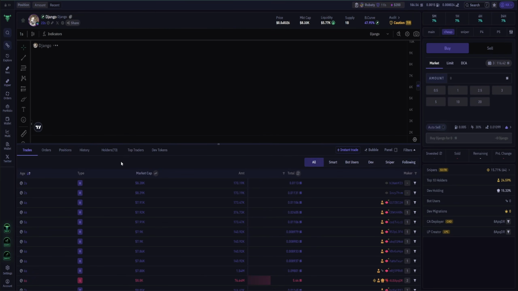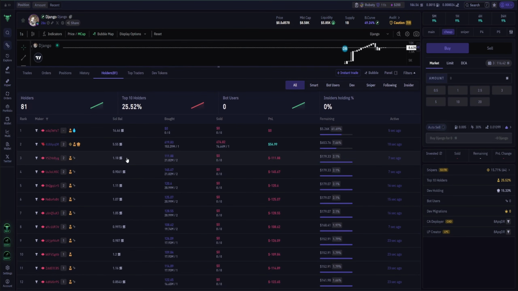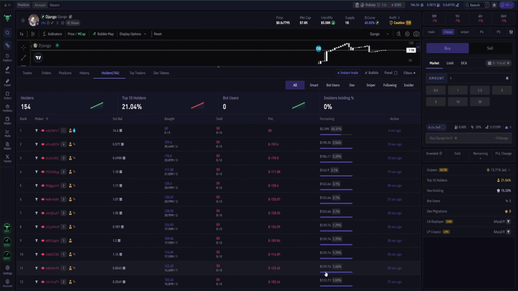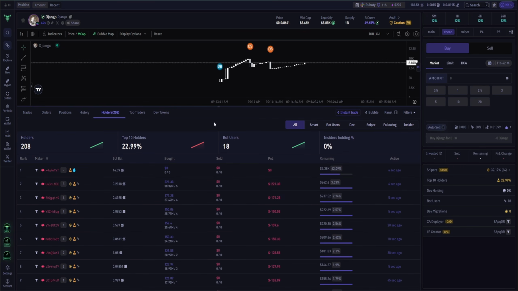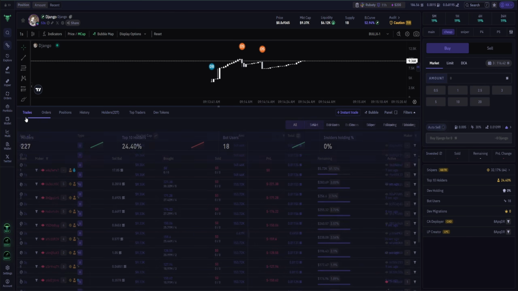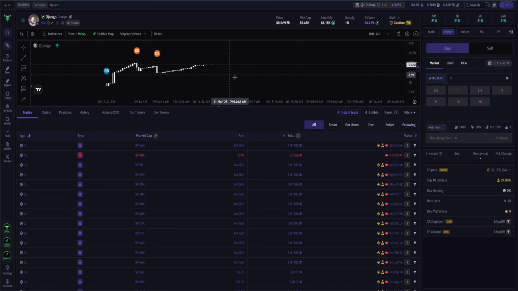So we're going to click on it, and then if we go to holders and open it up, those wallets, again, have a very similar amount that they bought, and the supply is also very similar. None of them sold yet. When they're going to sell, they're probably going to nuke it in one candle, or they might slowly sell it. You're going to see those sniper icons over here, so you can see how they're manipulating the chart right now.